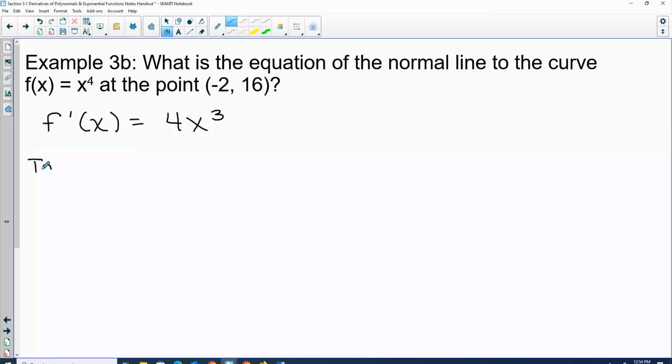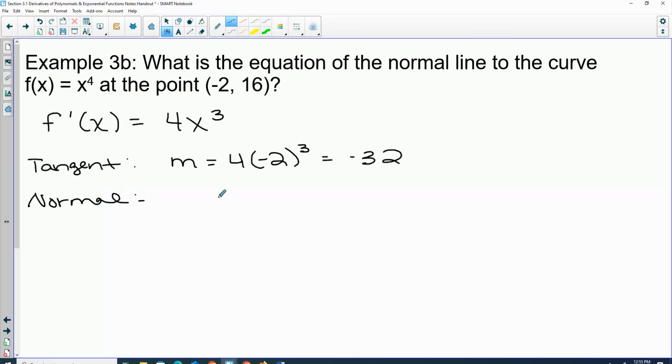So, for my tangent line, slope is 4 times my x, which is -2, cubed. So my tangent line has a slope of -32. So what's the slope of my normal line? 1 over 32.